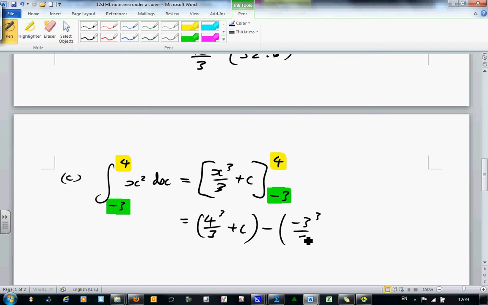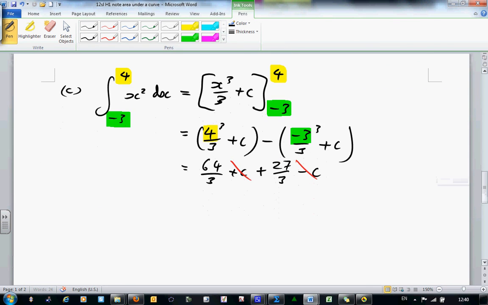Okay, 64 over 3 plus c, minus, well that's not -27, so plus 27 over 3 minus c, lo and behold, the c's disappear because it's a definite integral, it's got a definite answer, and the answer is 91 over 3. And again, just to compare it with the Illuminations website, that will be 30.3 recurring. And that's it, done.